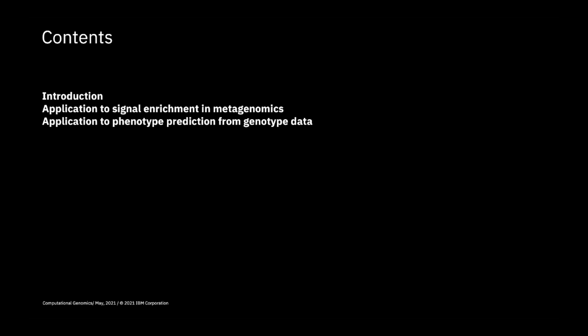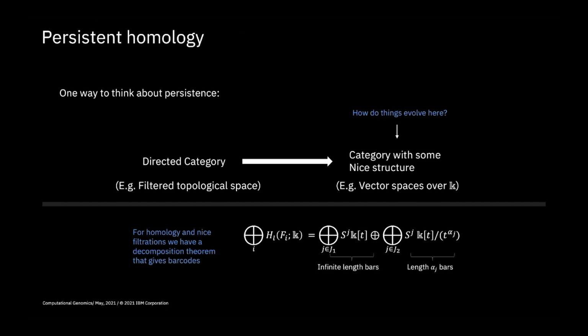First, maybe a little bit of an introduction, but I'm sure everyone here is familiar with persistence or persistent homology. Just to remind everyone, we can think about persistence like a way to keep track of features in something, right?